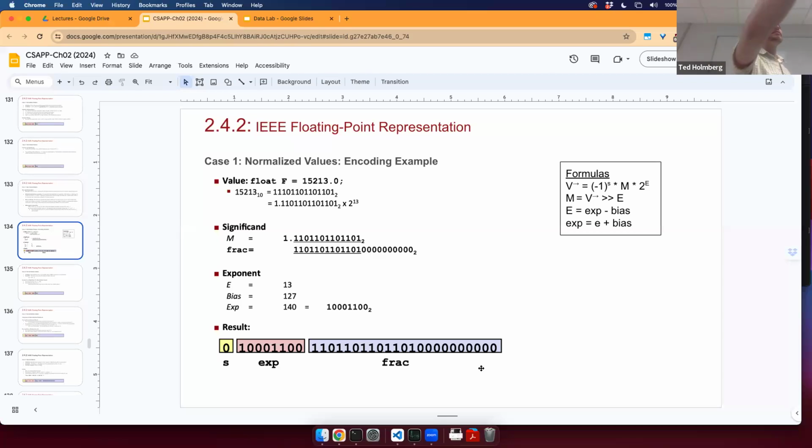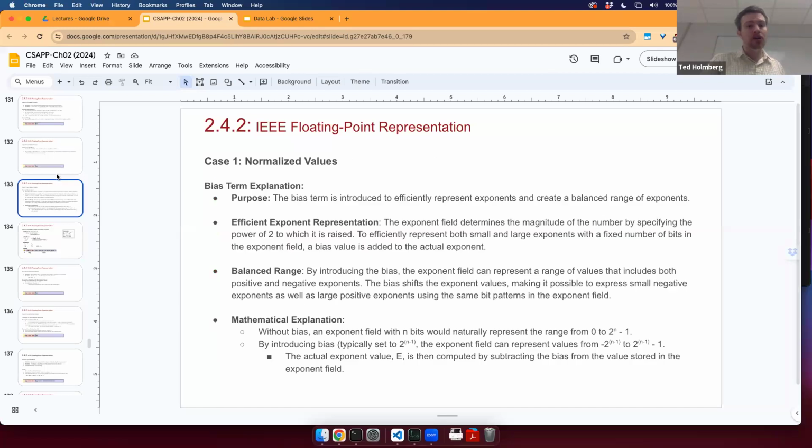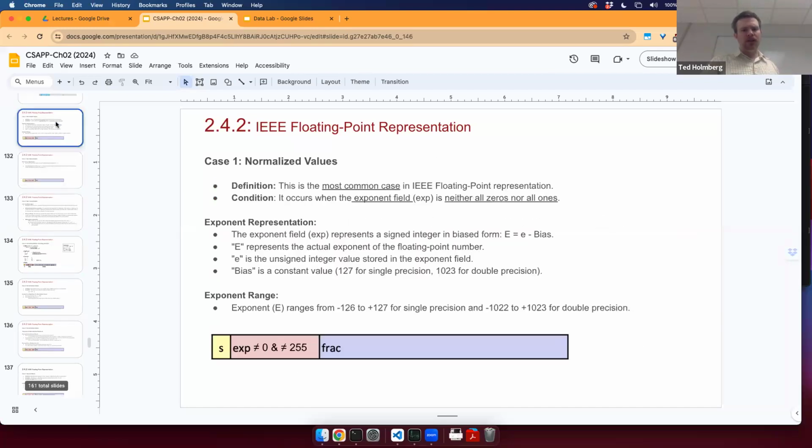What's the purpose of the bias? Why can't you just store 13 in the red box? That's a very good question. I have a visualization that's going to illustrate what that bias does for us. That bias is actually different depending on whether this is single precision or double precision. Recall in single precision, it's 127. What we're going to notice in double precision is 1023.